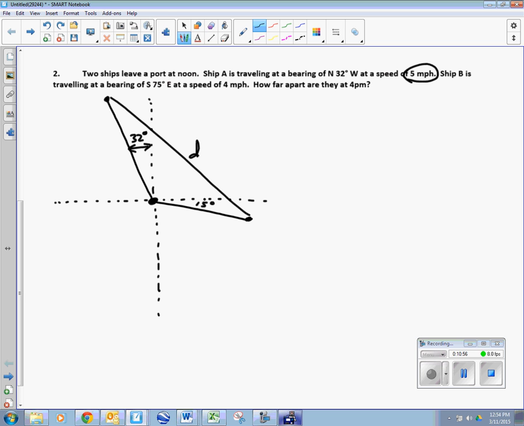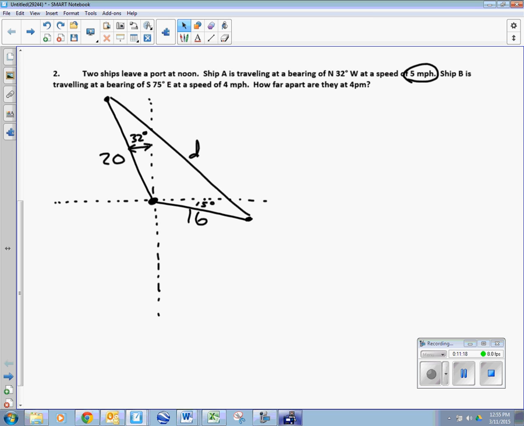So they've been traveling for how many hours? 4. And if they've been going 5 miles an hour, they've traveled a total of 20 miles. So this one's traveled 20 miles. The other one's traveled 16 miles.